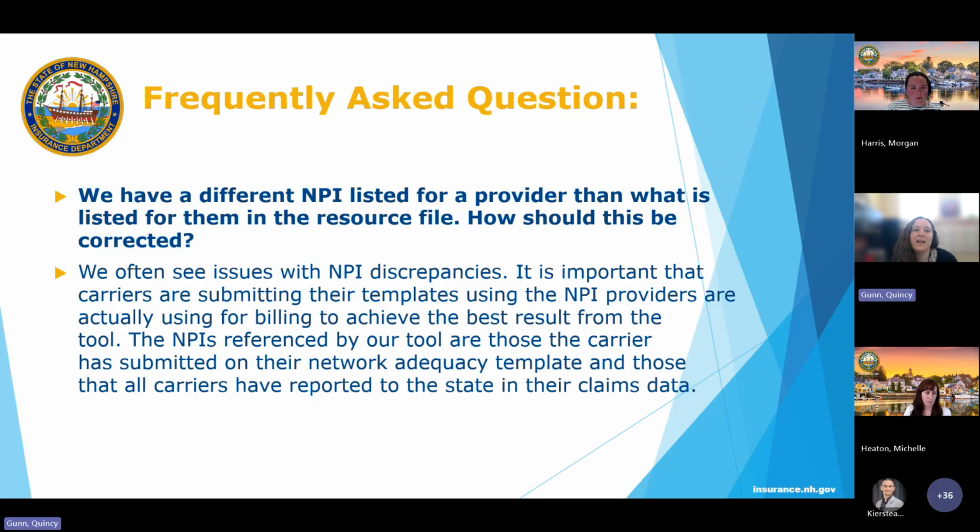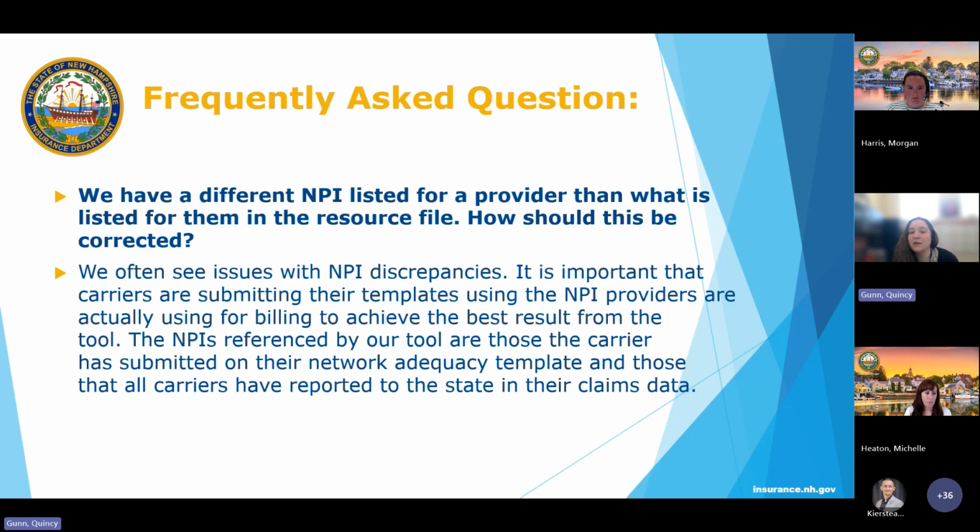So another frequently asked question that we get is, if you have a different MPI listed for a provider than what is listed for them in the resource file, how should you correct this? We see issues like this with MPI all the time. There's usually some discrepancies. It's just really important that you're submitting your templates using the MPI that providers are actually using for billing to get the best result from the tool.